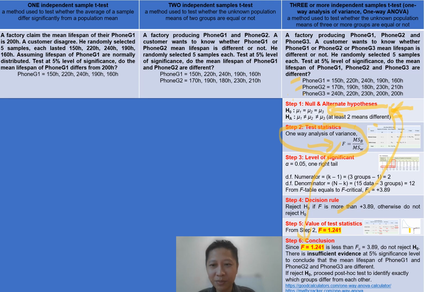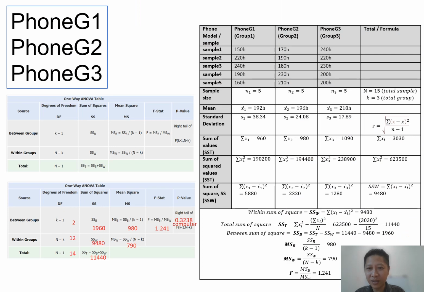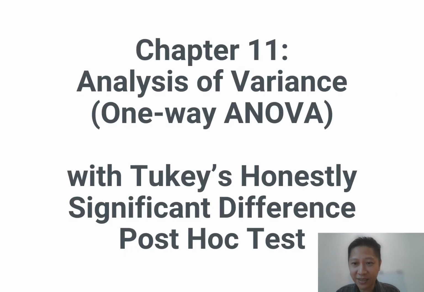Coincidentally, these 3 problems come with the conclusion do not reject. So what happens when, in the case of one-way ANOVA, we reject the null hypothesis? After we reject the null hypothesis, we need to proceed with a post-hoc test. For our problem, we want to use a popular post-hoc test.